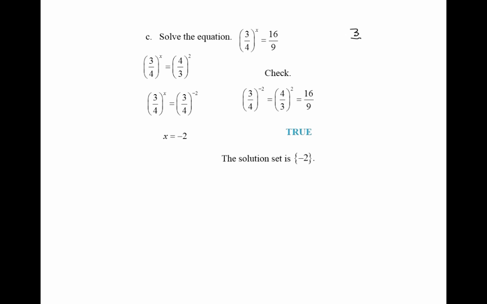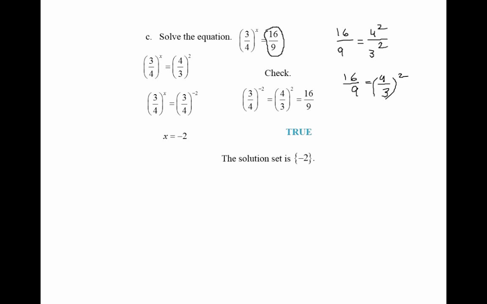The left-hand side has base 3/4, and the base on the right is 16/9. 9 is 3 squared, and 16 is 4 squared, so 16/9 is the same as (4/3) squared.